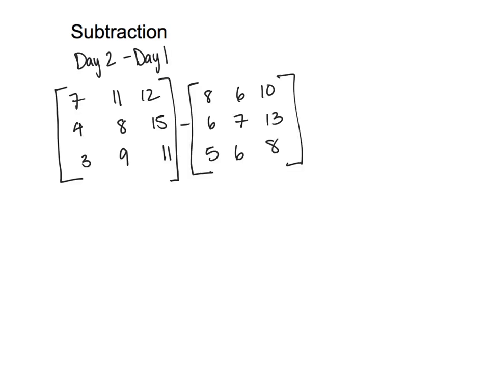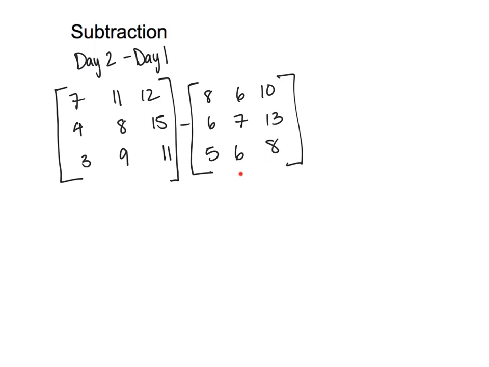I'm going to choose to subtract day 1 from day 2. So I'm going to write my matrices here. Here it is. I've set up my problem. So this one was day 2's data. So this is the day 2 matrix subtracting from the day 1 matrix.